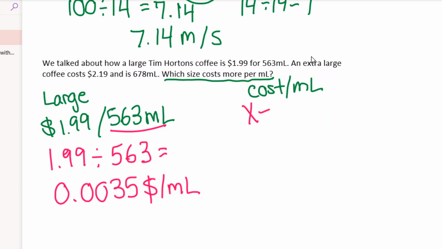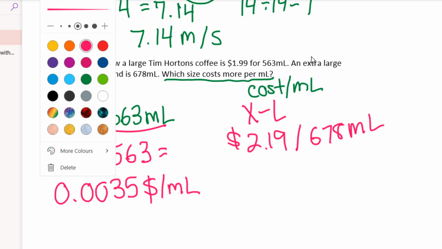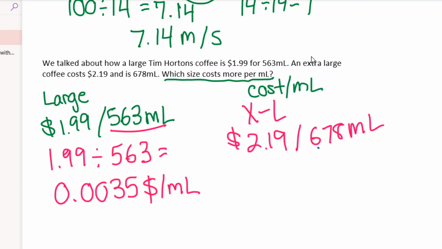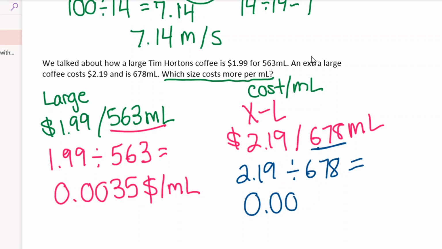All right, so let's do the extra large. $2.19 per 678 milliliters. All right. Find that second number and divide. Take out a handy dandy calculator. I am not expecting you to be able to do this by hand, so please use a calculator. 0.0032 dollars per milliliter.